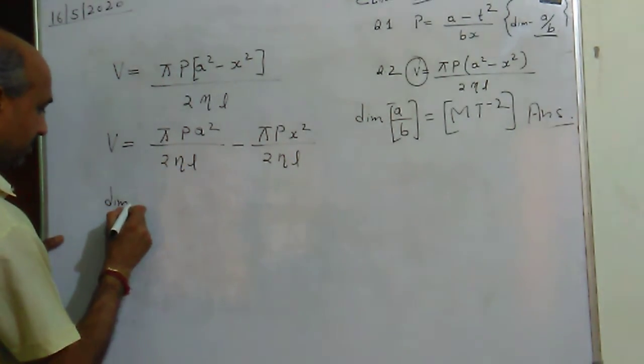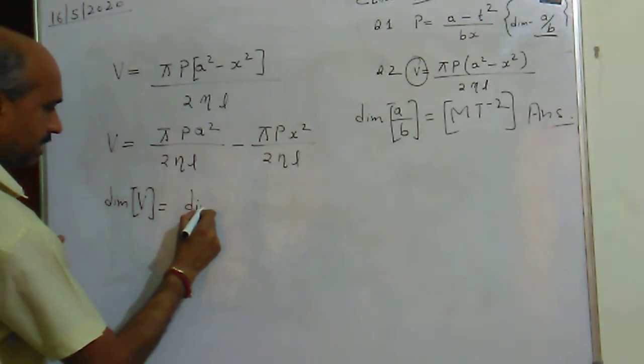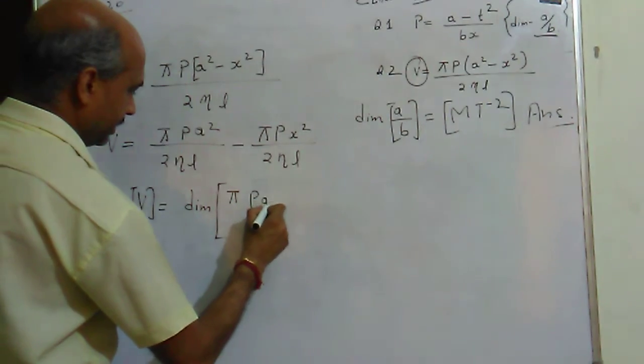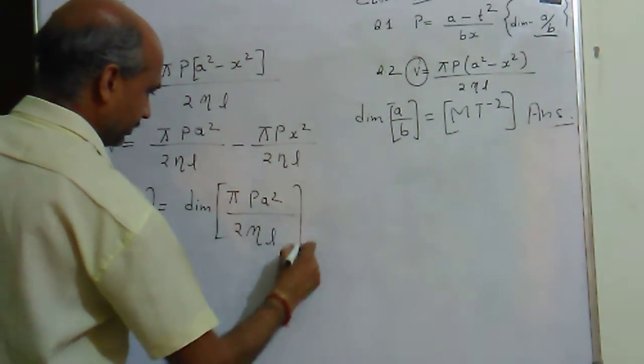So the dimension of V equals the dimension of pi P A square upon 2 eta L.